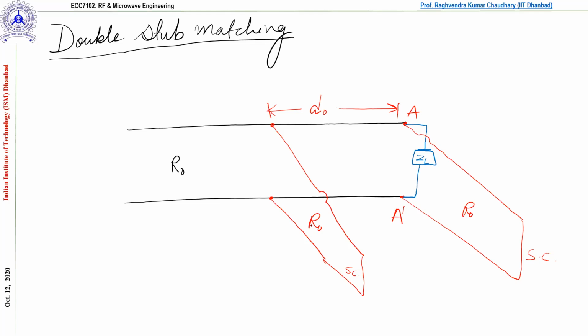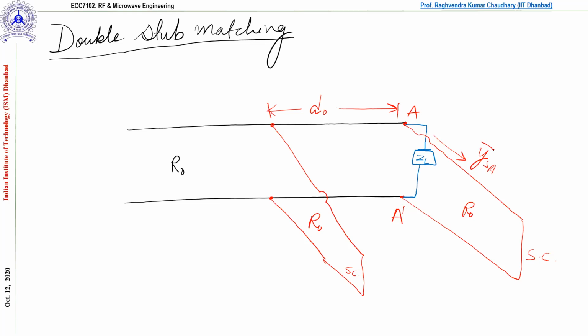Because the whole system is connected in parallel, it is better to work in admittance form. So let us define the admittance at the different locations. First of all, this side we define as Ys bar, standing for stub A, a normalized one.